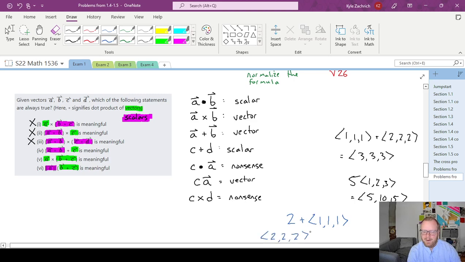But that's just a nicety that certain programs will do. In its current state, it doesn't make any sense. Vector crossed with a vector, that's great. Scalar times a vector, that's this situation here, totally fine. So the official answer I'll give for this one is that we've got 5 and 6. Those are the only valid ones.